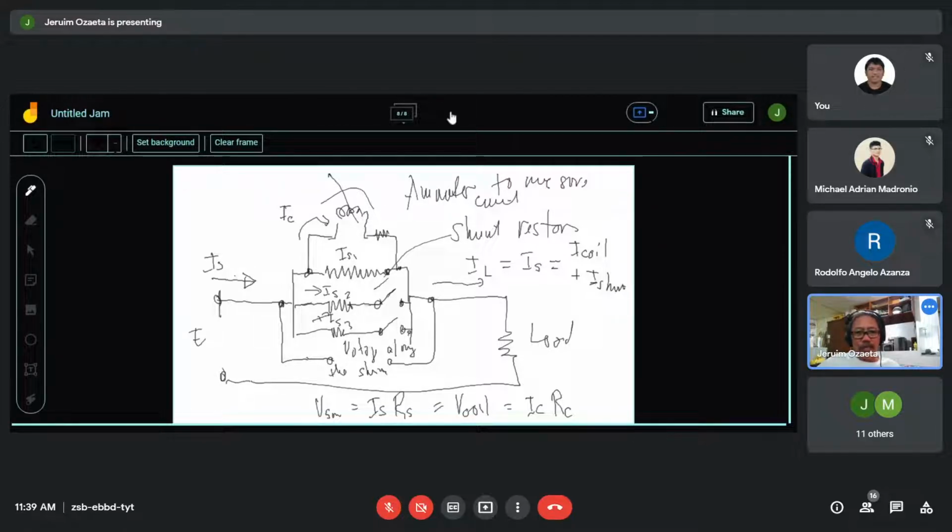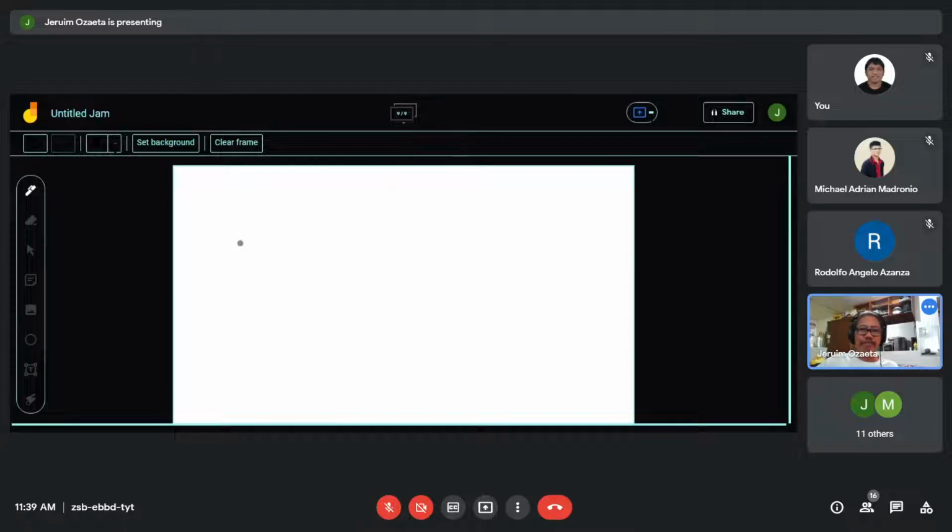Okay. So now, by redrawing the circuit, we measure the current along the line, and we measure the voltage across the line.